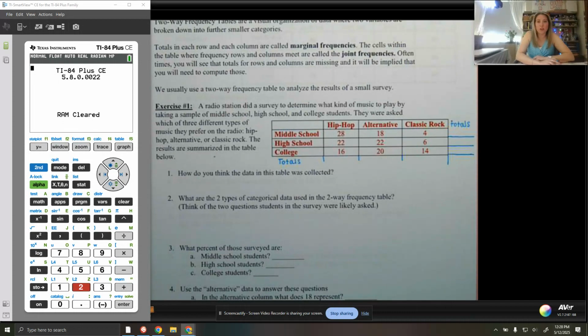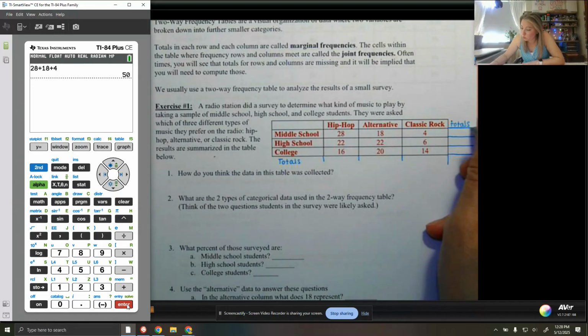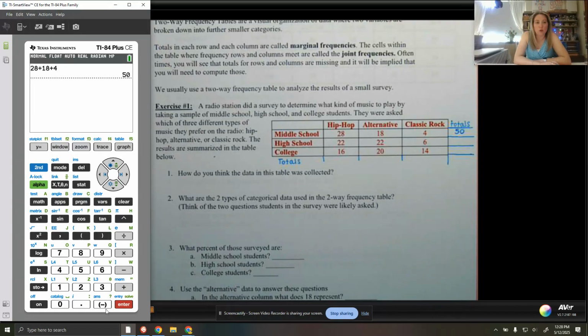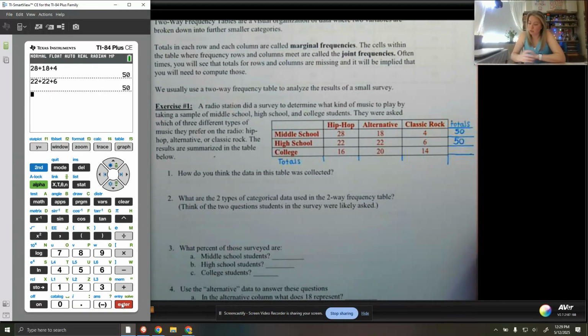First thing I'll do is add up all the middle school totals. We had 28 plus 18 plus 4 middle schoolers asked, so that's 50 total middle schoolers. High school was 22 plus 22 plus 6, giving us 50 total high schoolers asked.